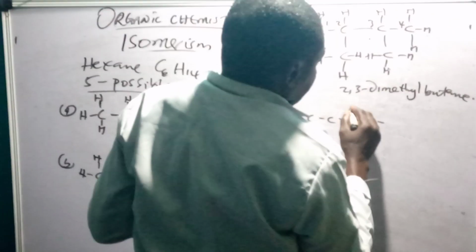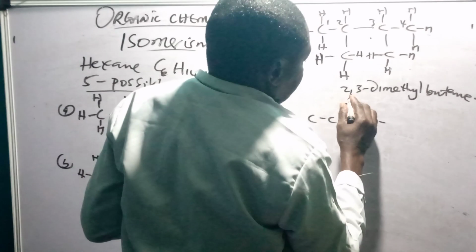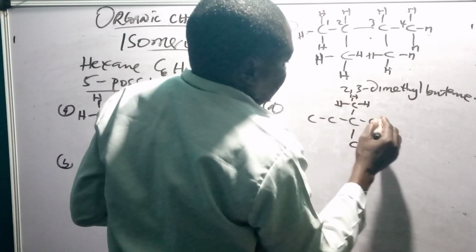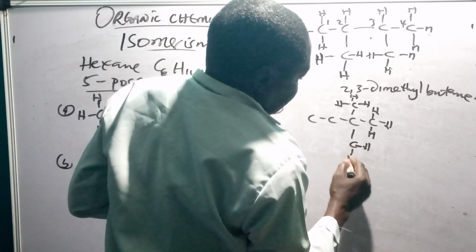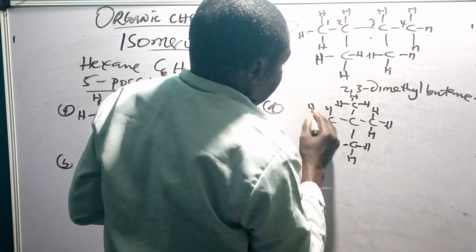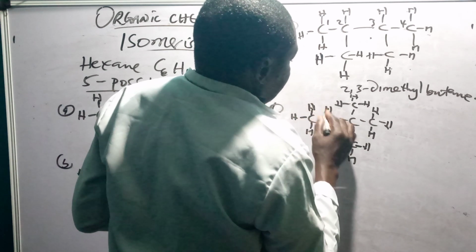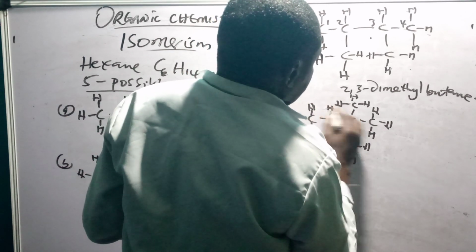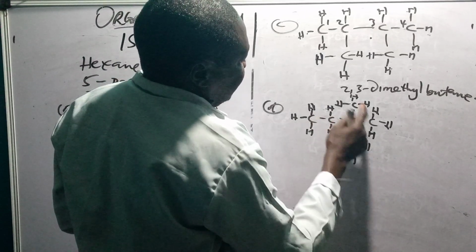Then let's see the fourth one. You can put one here and put one here. You can see it. So you count the number of carbon atoms. 1, 2, 3, 4, 5, 6.